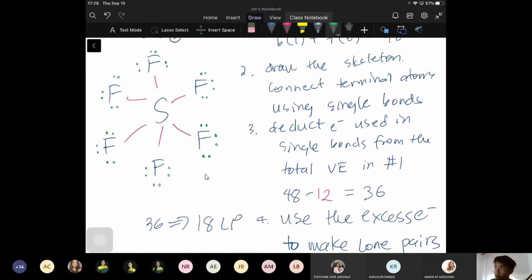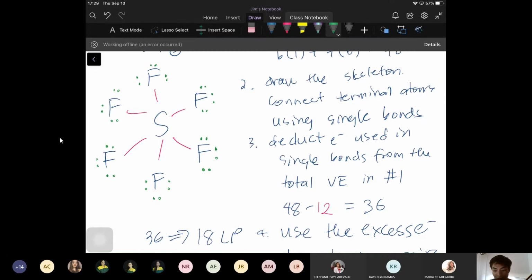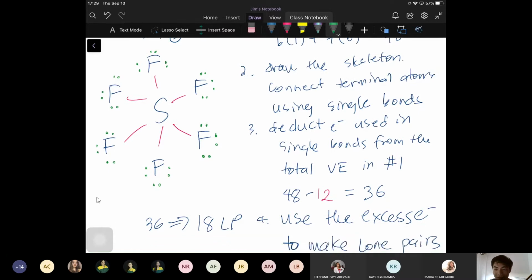Okay, so yan, nalagyan ko na ng lone pairs yung terminal atoms. Nung nilagyan ko sila ng lone pairs, I made sure that the octet rule is followed. So, dapat may octet rule pa rin yung terminal. Yung central, kahit mag-violate yan, wala na tayong pake sa kanila. No? So, okay lang yan. Basta yung terminal, okay na.